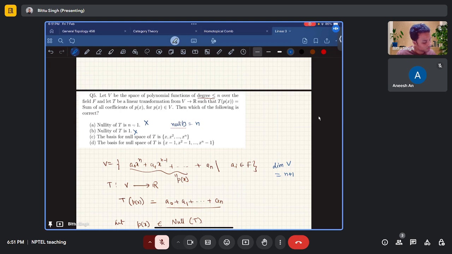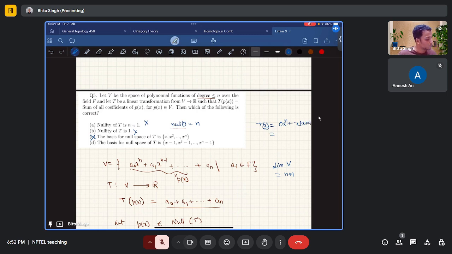Right? And this is not a basis for the null space, because we can easily see that T of x is non-zero, since by definition T of x is the sum of the coefficients. Here x can be written as 0 times x to the power n plus up to dot dot plus 1 times x plus 0 times 1.